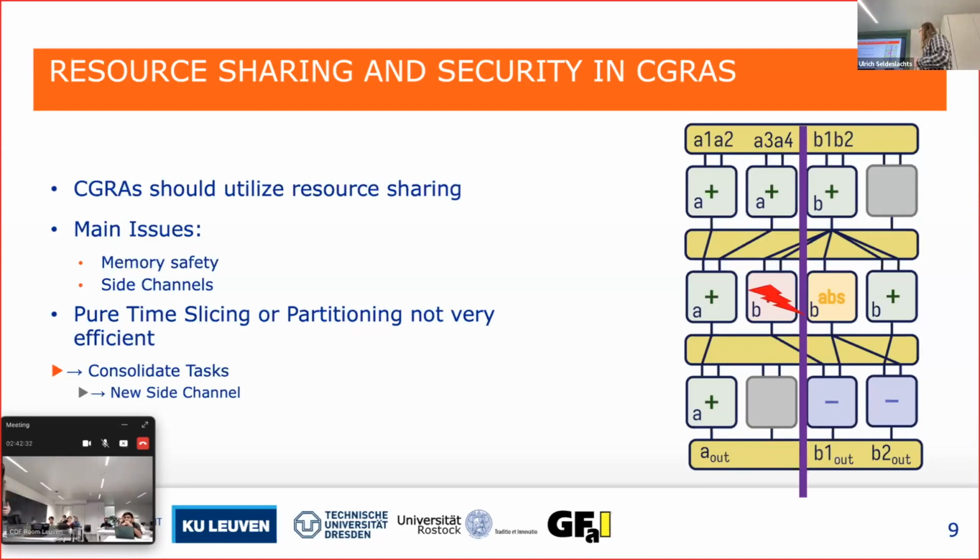And the reasoning why this is such a problem is because we have interconnects here that are a bit limited. You cannot route any data to any other. You have to follow some specific rules. And therefore, we cannot do static partitioning in the CGRA case, where we could do it in the FPGA case.